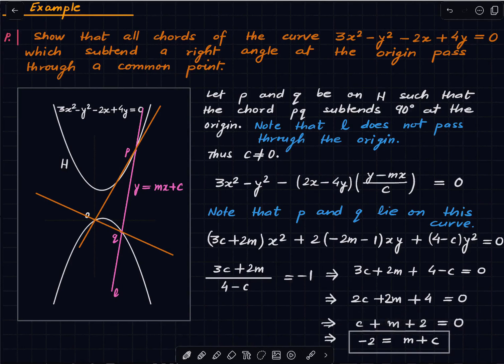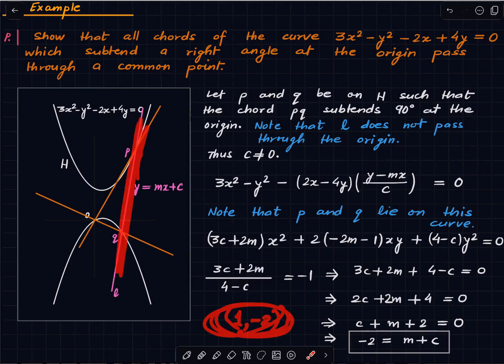Okay, so we had this line y equals mx plus c, and we ended up concluding that -2 equals m plus c. And therefore the point 1 comma -2 lies on this line.